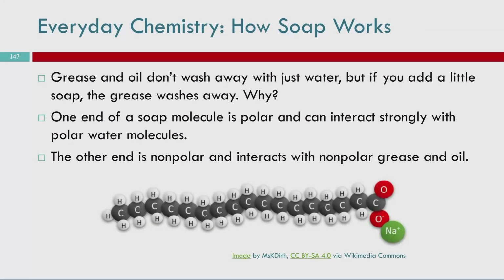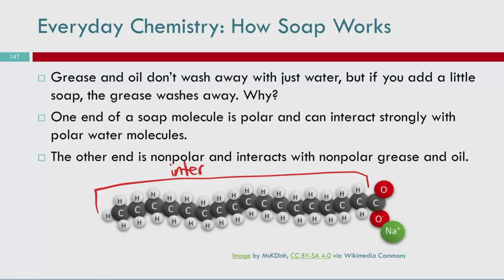So this is why, if you've ever gotten grease or fat or something on your hands and you try to rinse it off with water, hot water sort of works, but that's just making the oil runnier, essentially. When you add a little bit of soap, you can wash the grease away, and this is how soap works. So soap has this long tail that looks like an oil.